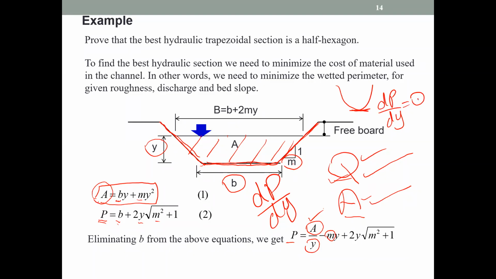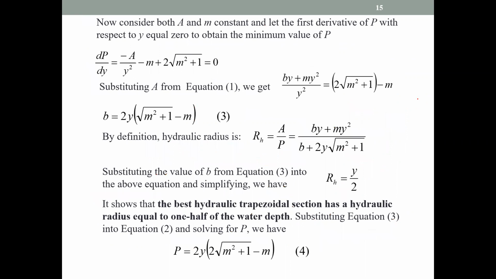That is the concept we use. So you take the first derivative of this one with respect to y, dP over dy, and you get this equation. If we need to make the wetted perimeter minimum, we make it equal to 0. Okay, that's all we need.